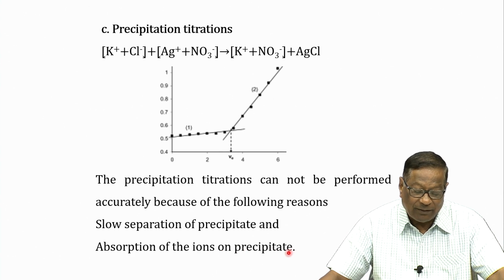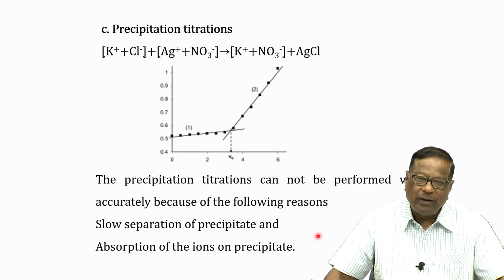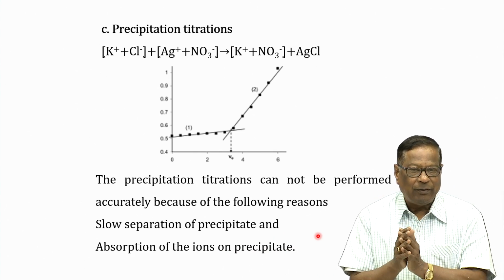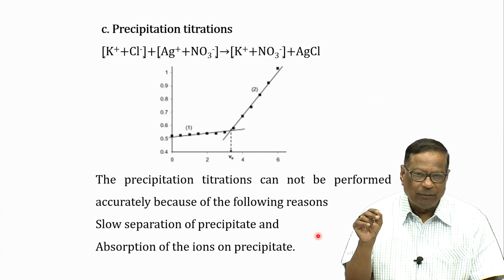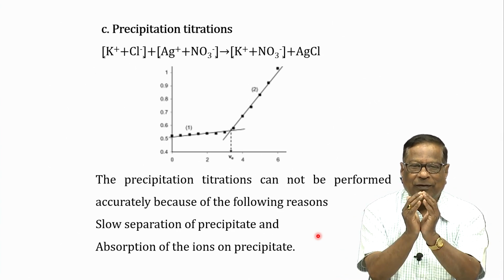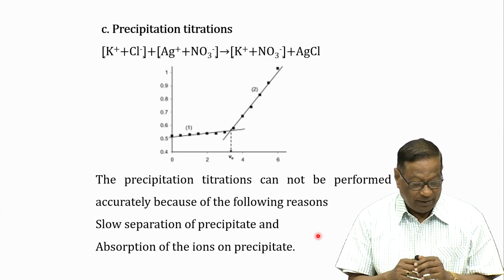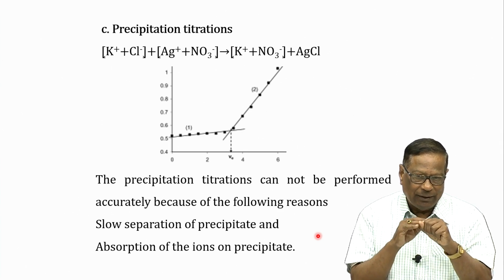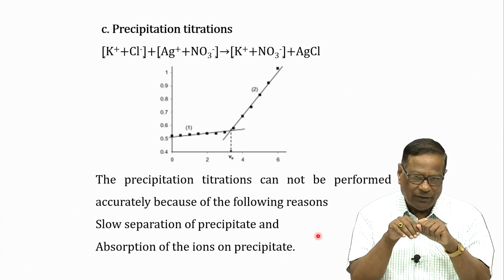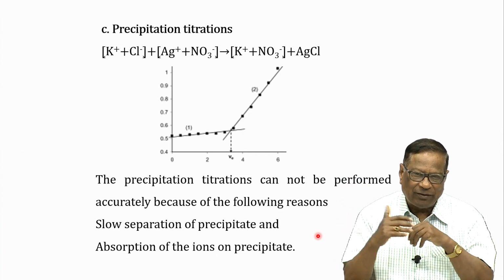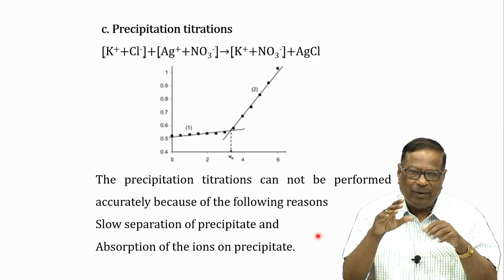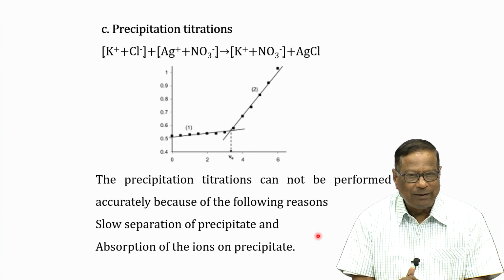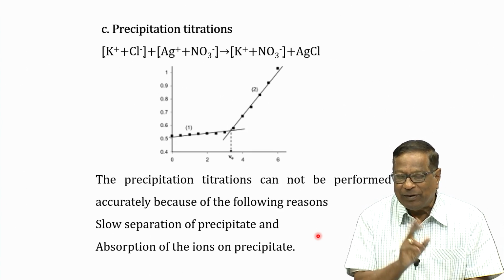This is a very serious concern, because quite often whenever we do a precipitation titration, just like solvation, what I had explained to you earlier with water molecules orienting themselves around H plus and OH minus ions, here also the precipitate, even though it is neutral, has got electrons, and positive and negative ions will be attached around the precipitate. So, they will also settle down to some extent. So, the actual analysis will be slightly different.